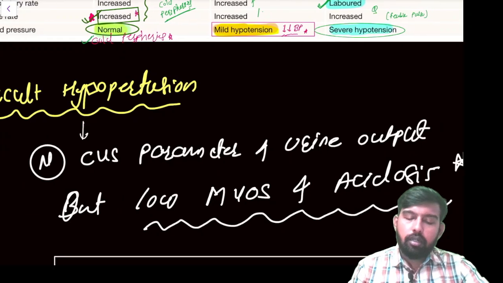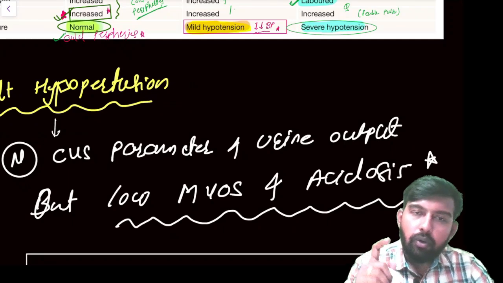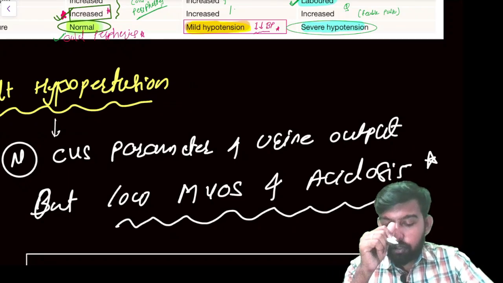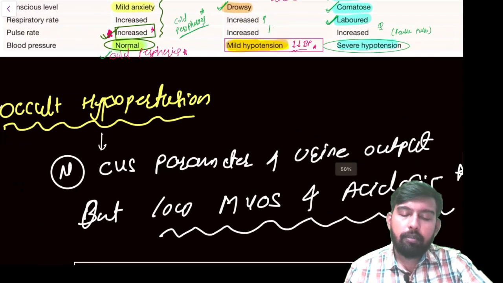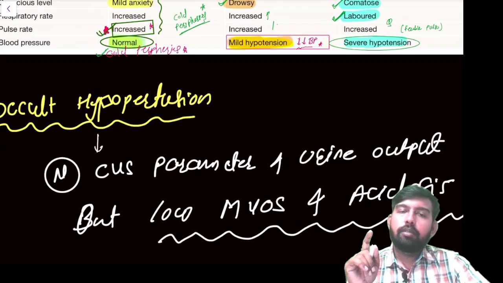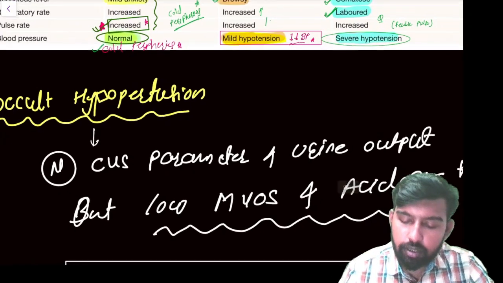This is clinically detected by a low mixed venous oxygen saturation, and there is acidosis. So occult hypoperfusion means normal cardiovascular parameters and normal urine output despite a low mixed venous oxygen saturation and acidosis.